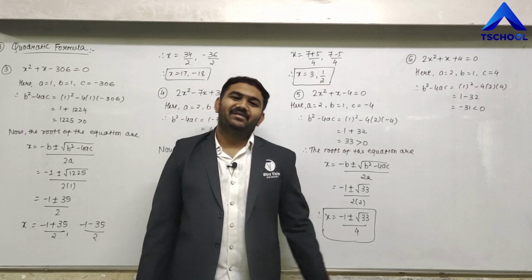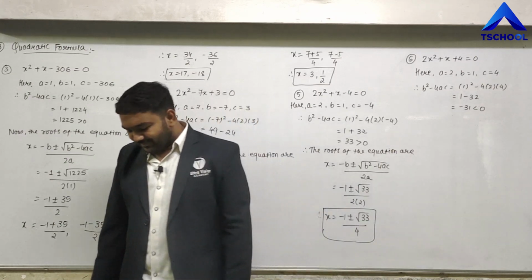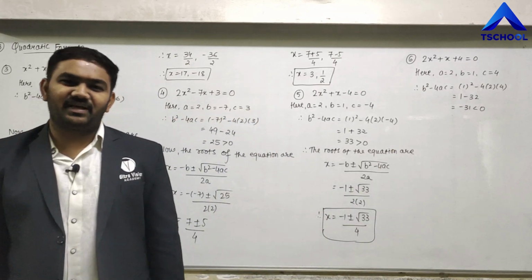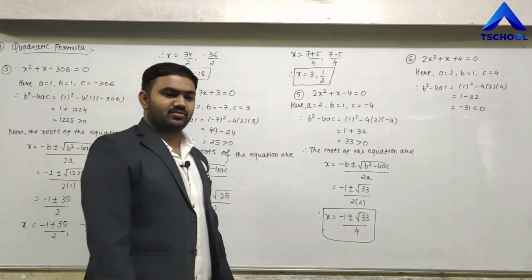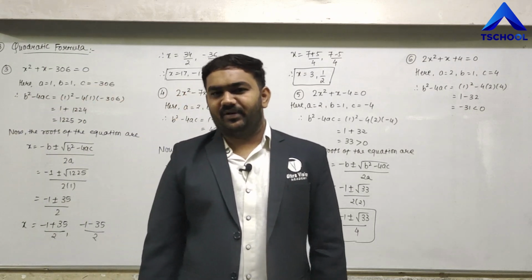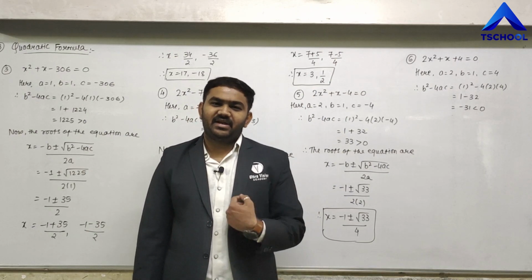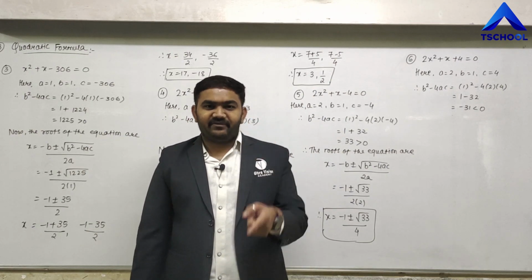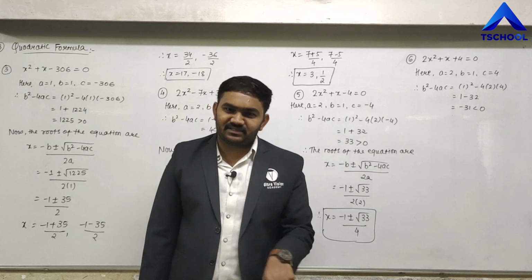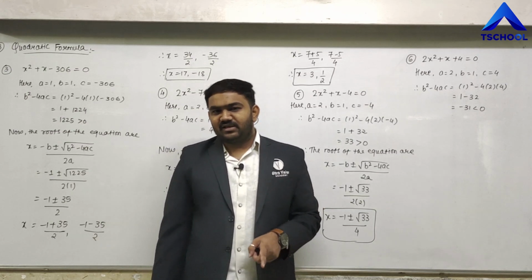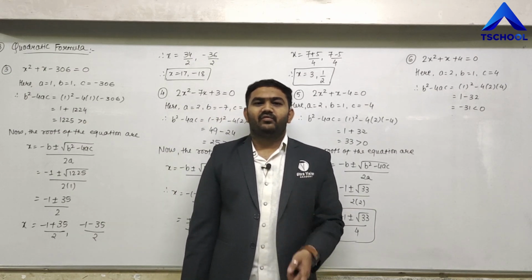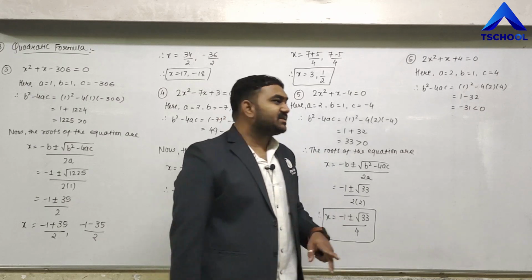Note that, friends, we got the value of b square minus 4ac as minus 31, which is a negative real number, right? That means this is less than 0, and we have studied in the nature of roots that if b square minus 4ac is less than 0, then no real roots exist, right?